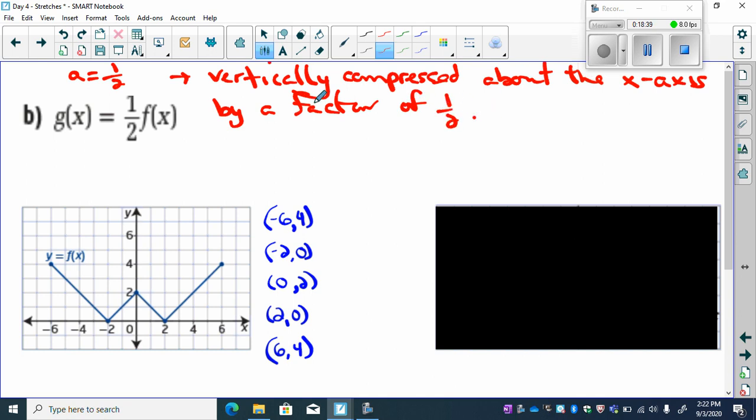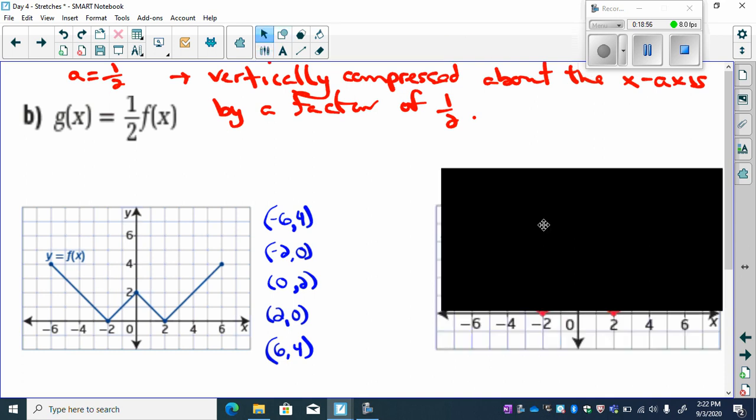There is no vertical reflection in the x-axis because this is a positive 1/2. Well, there's no negative there. So all I would do here is nothing to the x values, multiply the y values by 1/2, or divide them by 2, same thing.